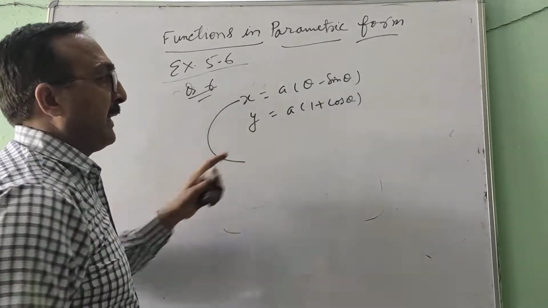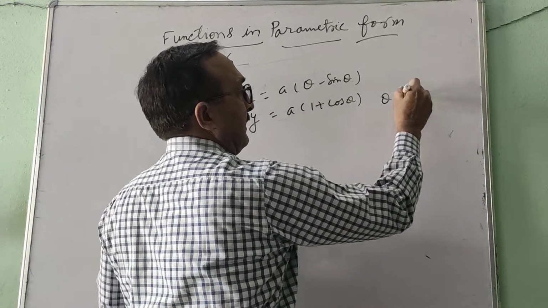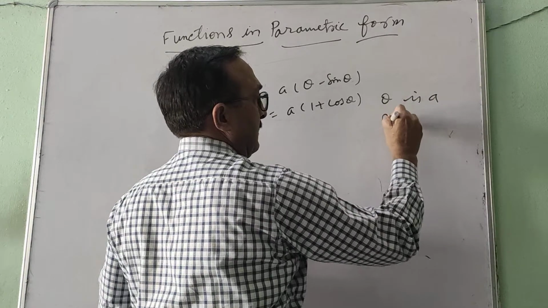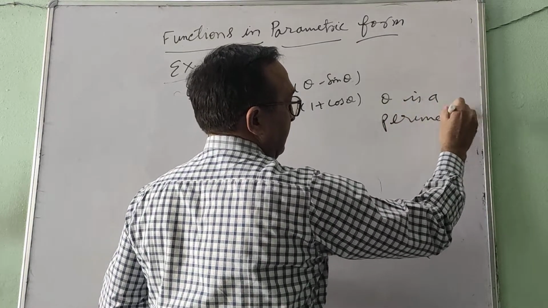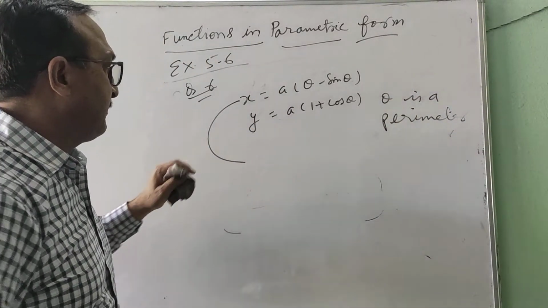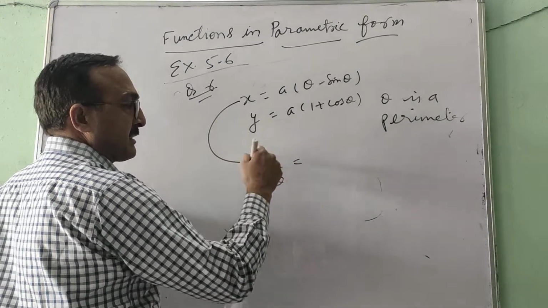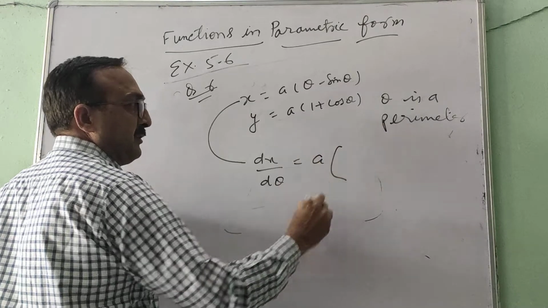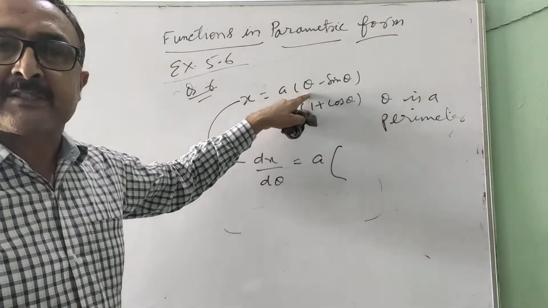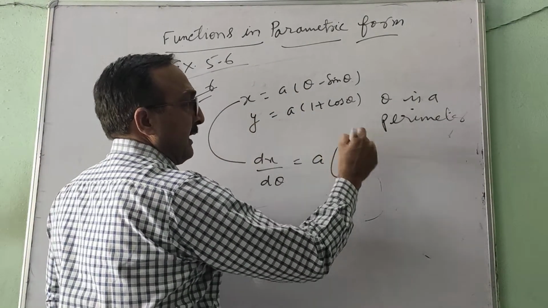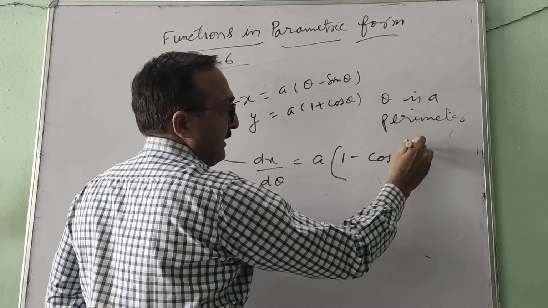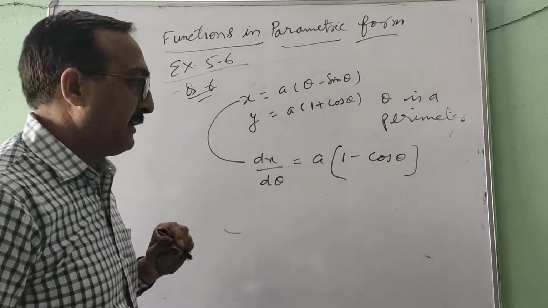Now here the parameter is theta. Theta is a parameter. That means dx upon d theta. What is dx upon d theta? a as a coefficient, no change, and theta with respect to theta, that is 1, and sine becomes cos theta. This is the differentiation of dx upon d theta.